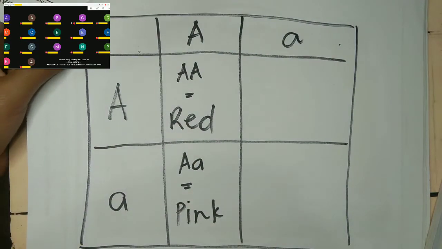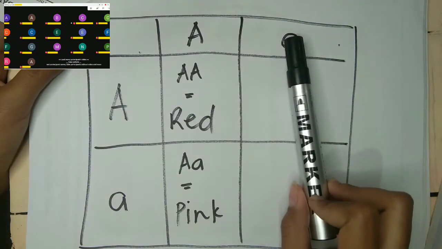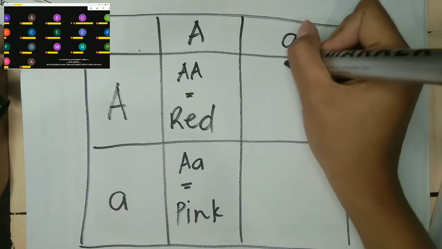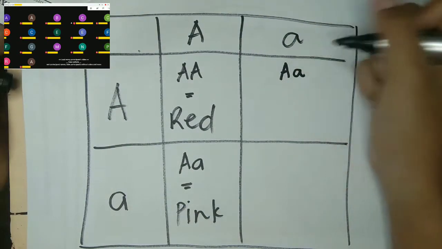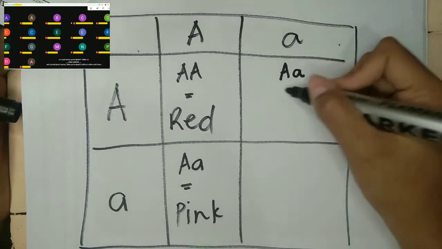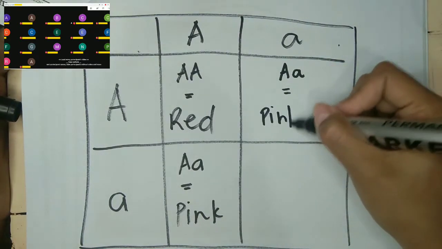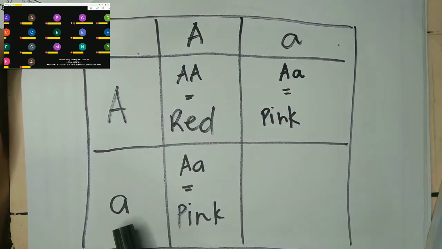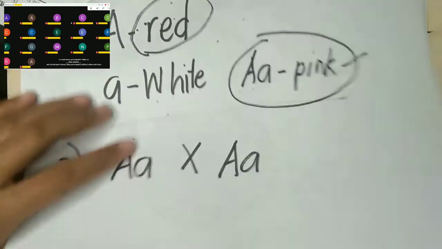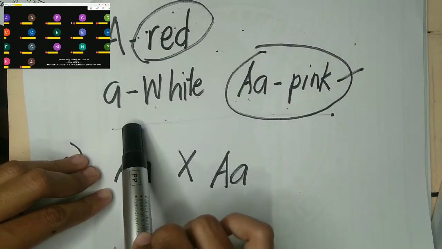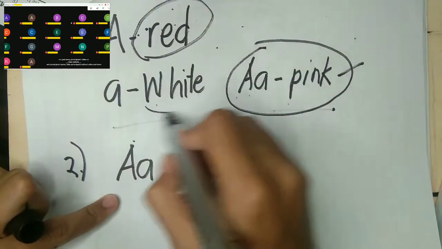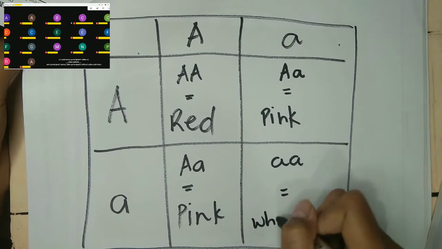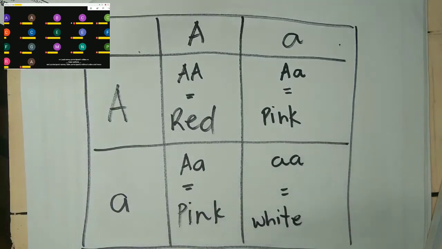I'm showing you this Punnett square so you will have a guide and you will not be confused. Next step, lastly, we cross the small letter a and the small letter a alleles. So the outcome will be color white, of course. Very good, children. So you have followed.